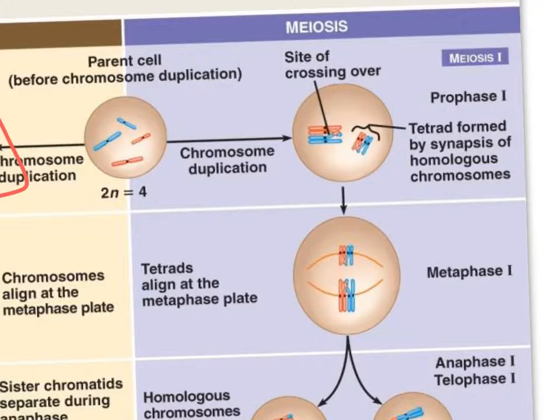And there's something they do, it's called crossing over, where they exchange genetic information. We'll get into that a little bit more later. Then they end up along the metaphase plate.